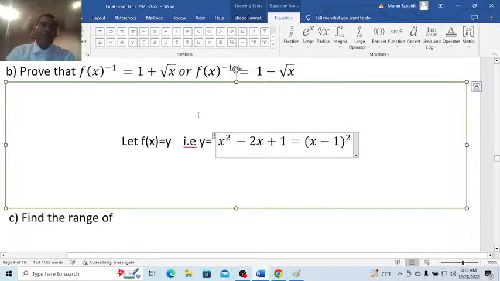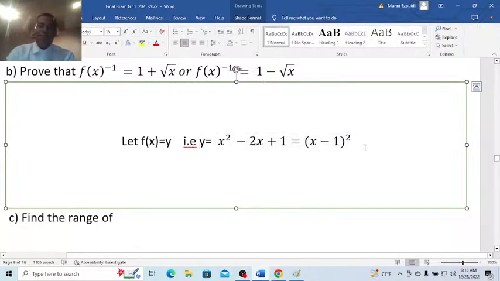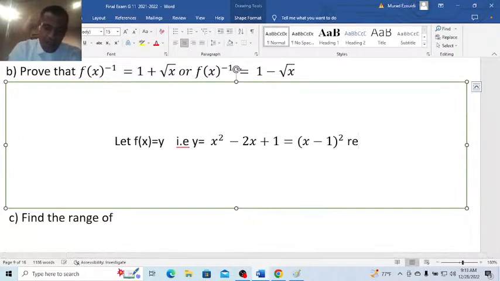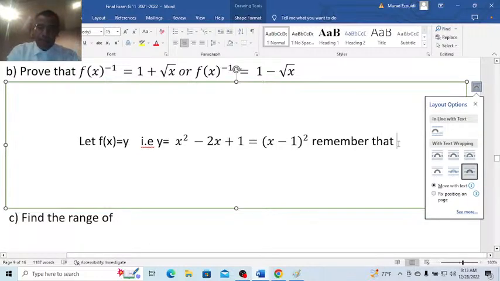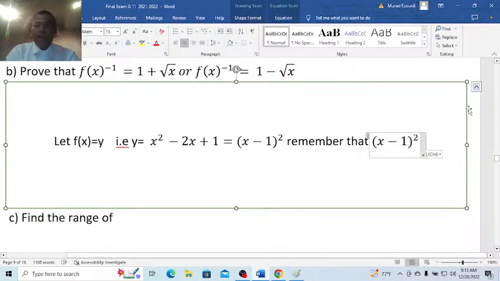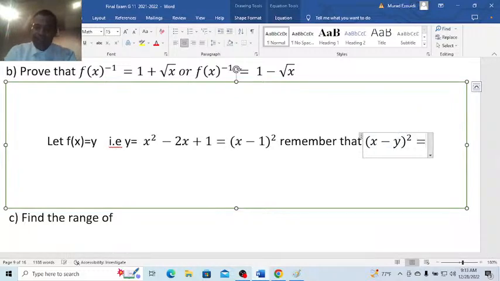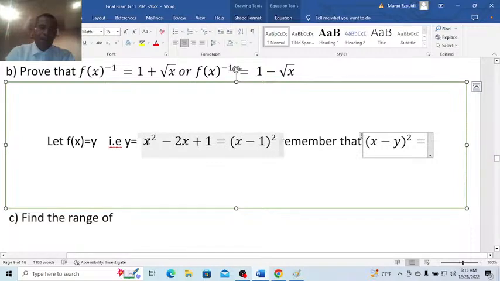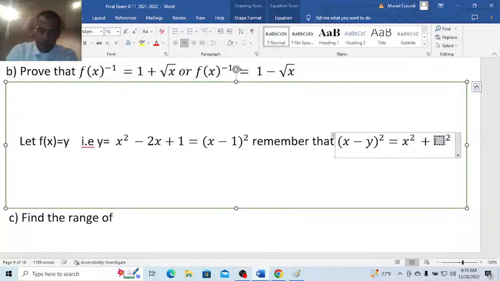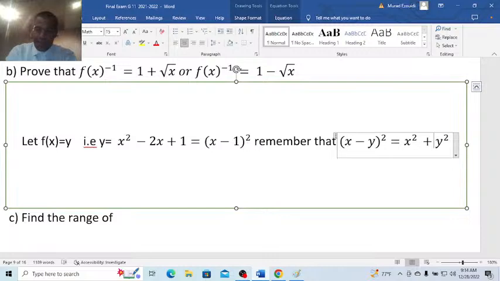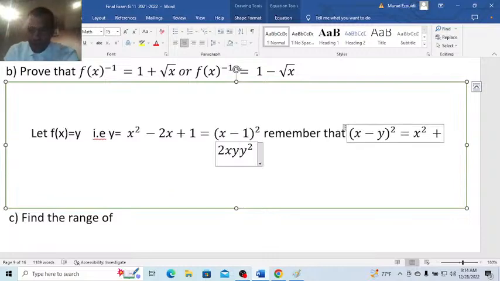Remember that a minus b all squared, or x minus y, whatsoever, is equal to x squared minus 2 times xy plus y squared.